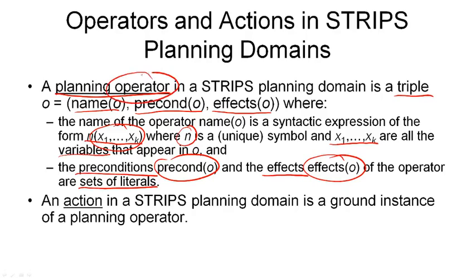An operator is generic in the sense that it only specifies what is manipulated by the operator as variables. An action, on the other hand, is specific because it is a ground instance of a planning operator. So if we take all the variables and choose values, objects in our domain for these variables, then our operator becomes an action. And of course, there can be many actions that are instances of the same operator in our planning domain.